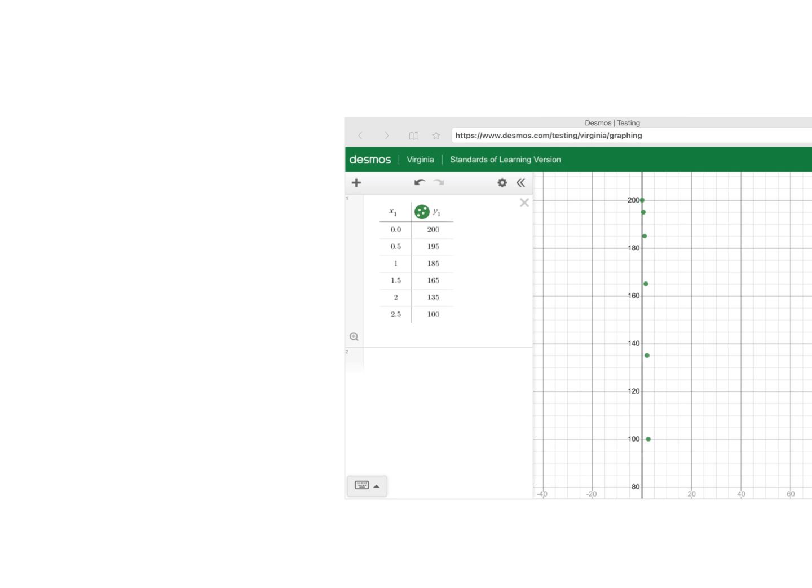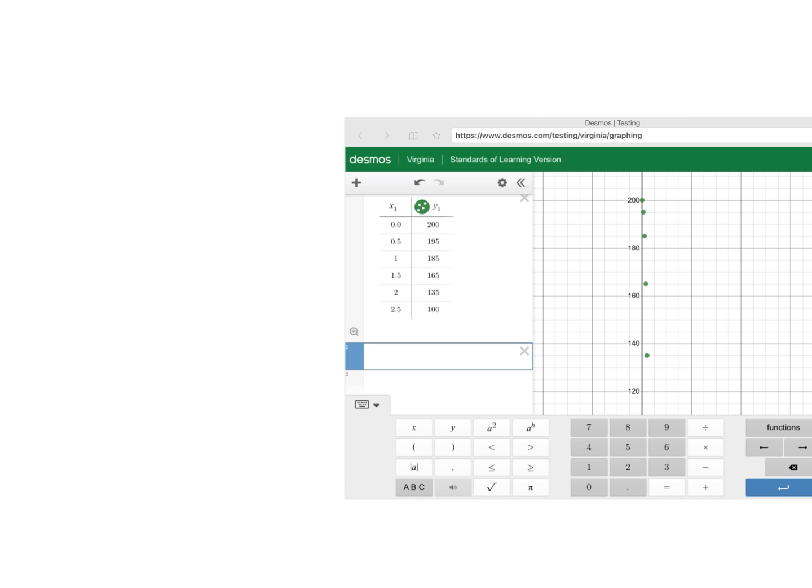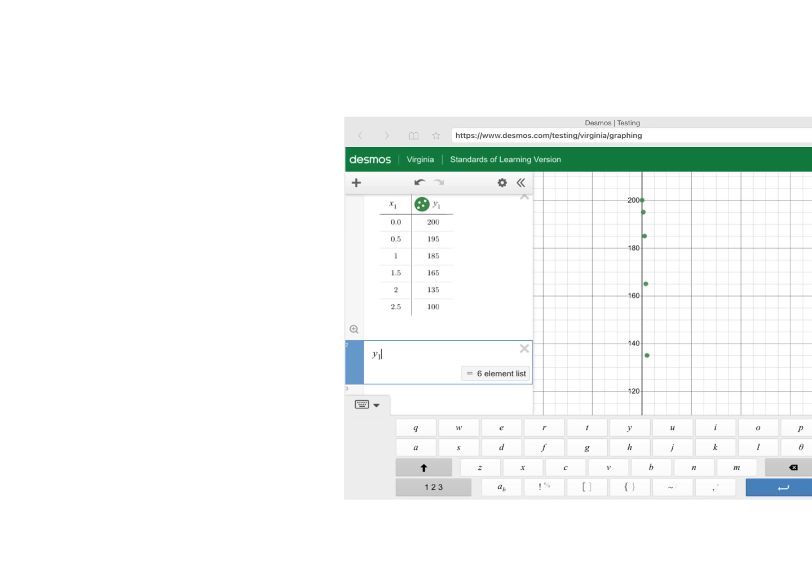Now, they do not give us the equation, so we have to get that equation. I'm going to click in the second box, and because this asks for the quadratic curve of best fit, I'm going to type in Y1, push my ABC keyboard. I go over to the right of the squiggly braces, and I see the tilde sign, and I push it.